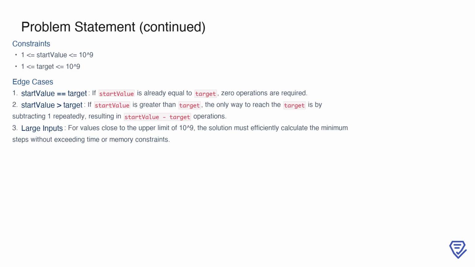If start value is greater than target, the only possible way to reach target is by repeatedly subtracting 1, which would take start value minus target operations. Finally, for large inputs close to the maximum limit, the solution must be optimized to avoid excessive time or memory usage. Taking these factors into account will help ensure the solution works correctly for all scenarios.